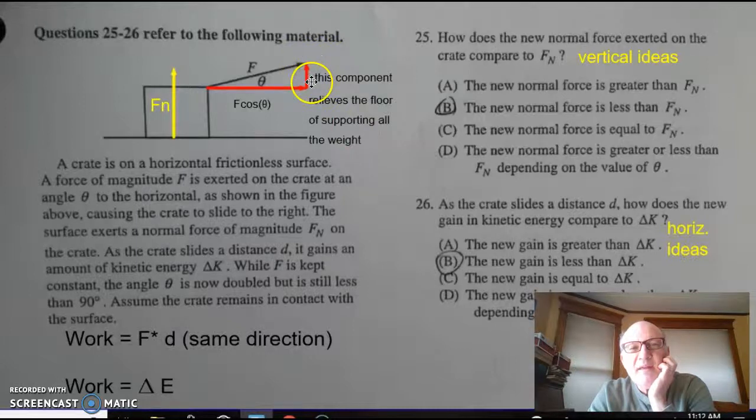You can imagine if, for example, this force was straight up, then the supportive force of the floor could be pretty small and could in fact become zero at the moment that the crate gets lifted off the ground.